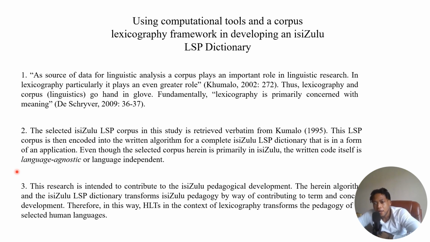The algorithm, or the online platform, for this dictionary was initially intended for isiXhosa. Later on, the platform was localized or generalized and applied to isiZulu. So later on, the isiZulu linguistic and literature terms were incorporated into this dictionary.